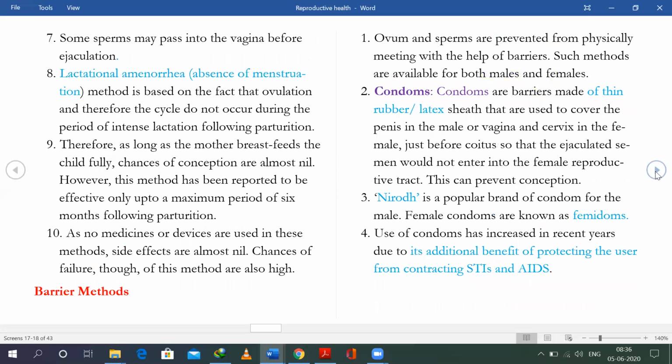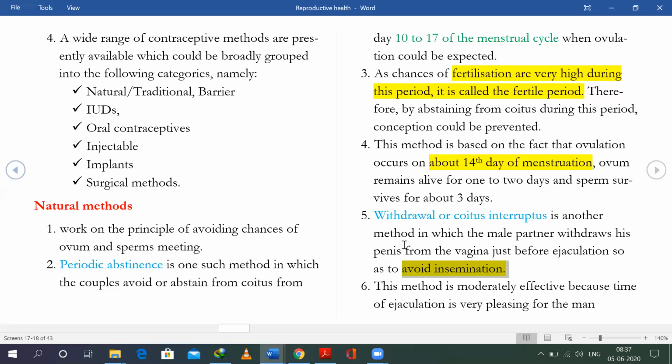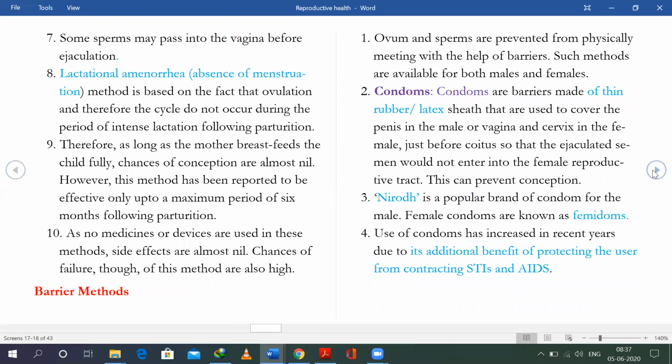And some sperms may also pass into the vagina before ejaculation in the case of the withdrawal and coitus interruptus methods. Why is that? Normally the spermatozoa are released towards the end of the insemination or the ejaculation.